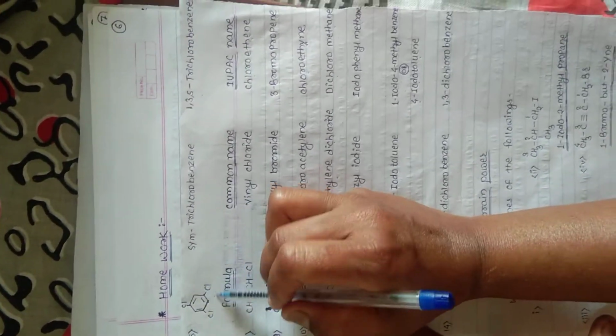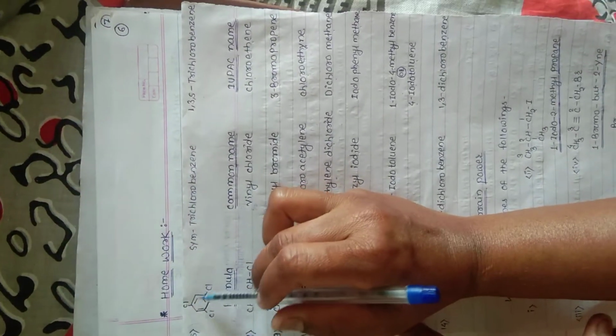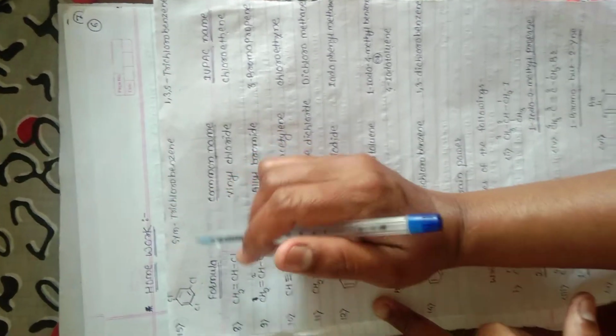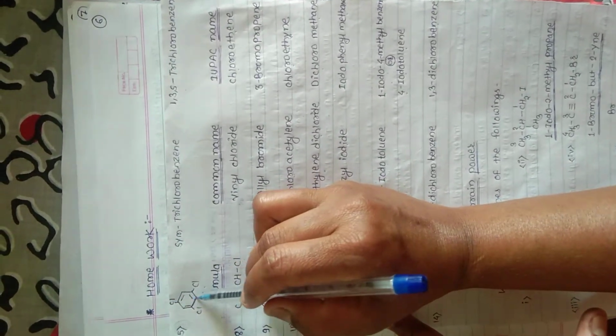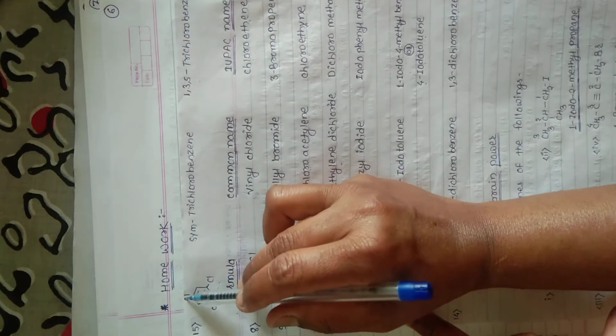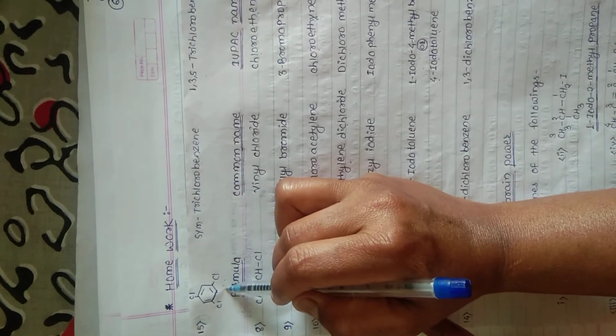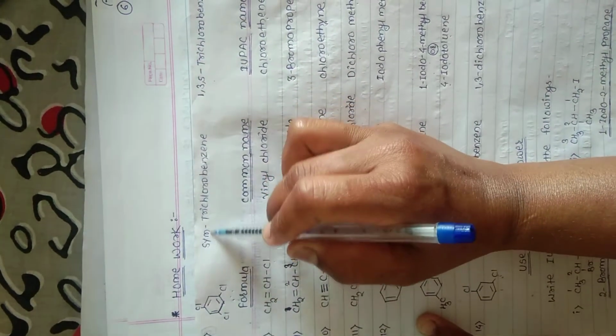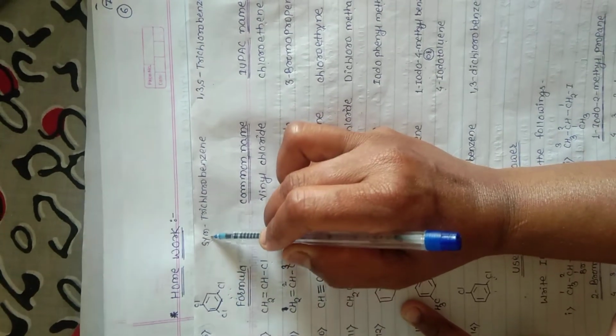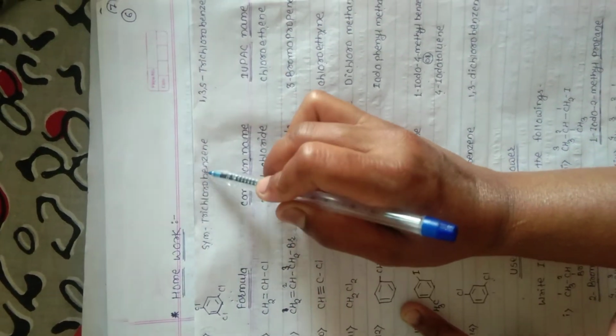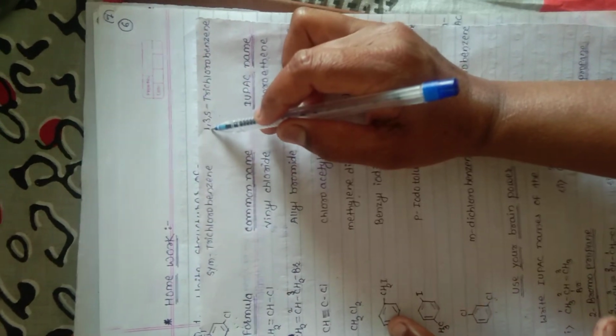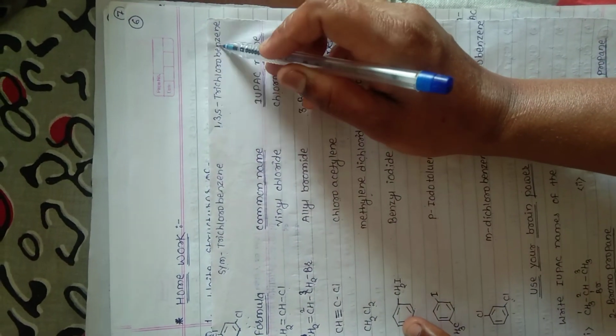These three chlorine atoms are attached at meta positions of each other, but there is symmetry between these atoms. Therefore common name is symmetrical, meaning sym, symmetrical trichlorobenzene, and IUPAC name is 1,3,5-trichlorobenzene.